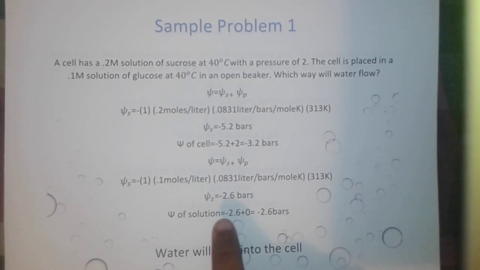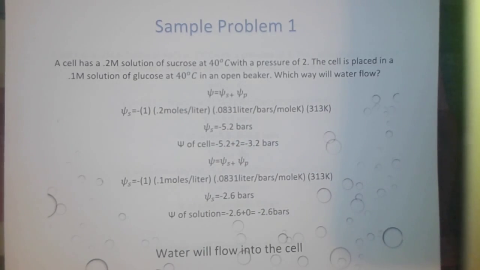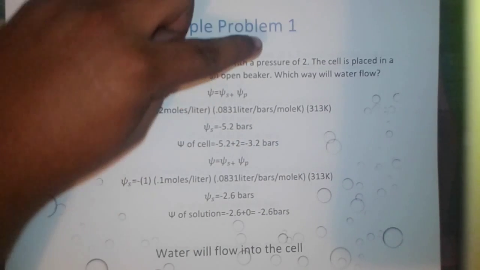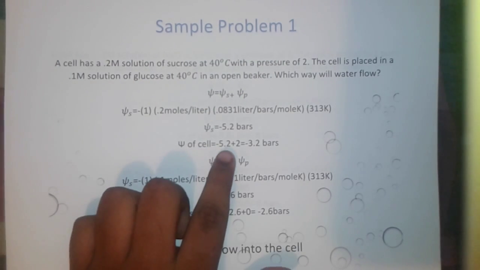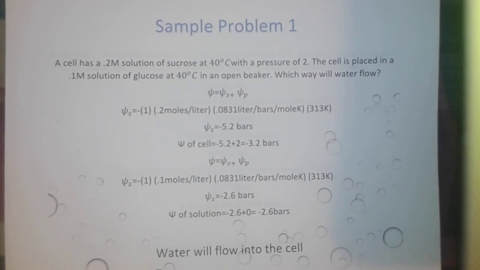Once you multiply all that together, you should get negative 5.2 bars. And since it has a pressure of 2, then you add the negative 5.2 plus 2 to get negative 3.2 bars, which would be the water potential for the cell.